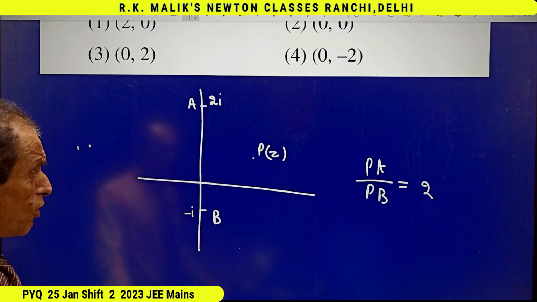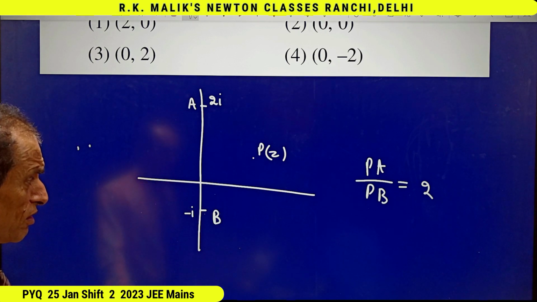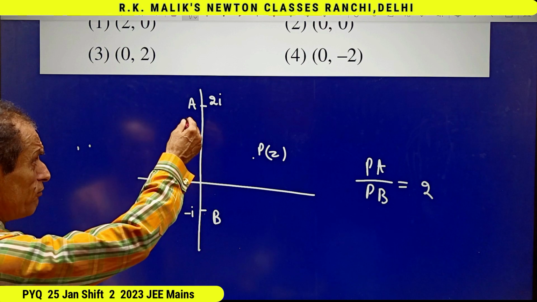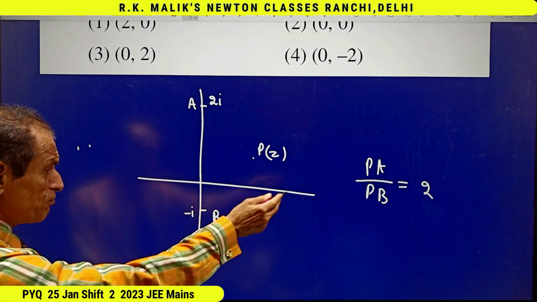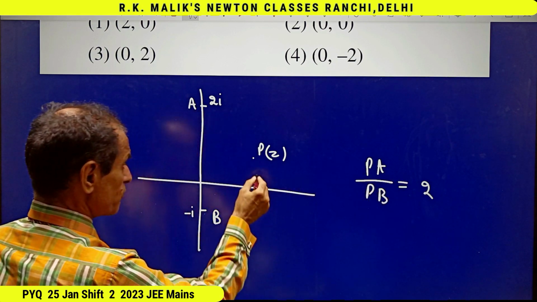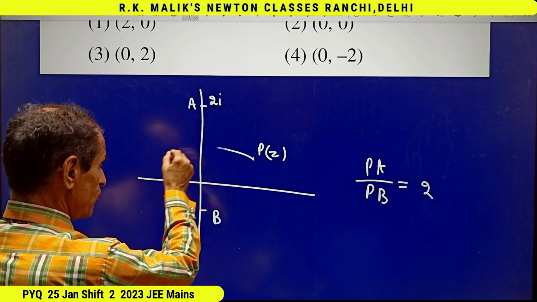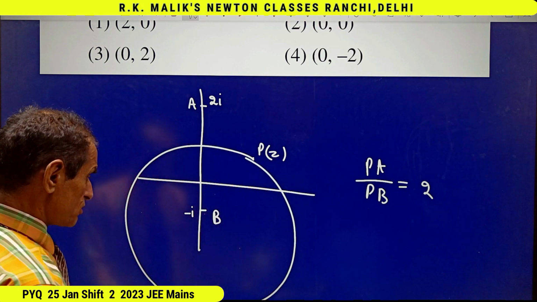It means the locus of P will be a circle called Apollonius circle, and for that circle A will be outside, B will be inside, because this is greater than 1. That is, the circle will be of this type.